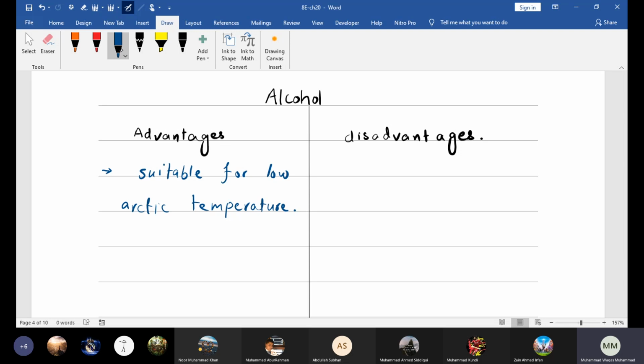Okay, beta, its expansion is greater than mercury. It expands more than mercury, right? Getting my point? You can say it has high expansivity.